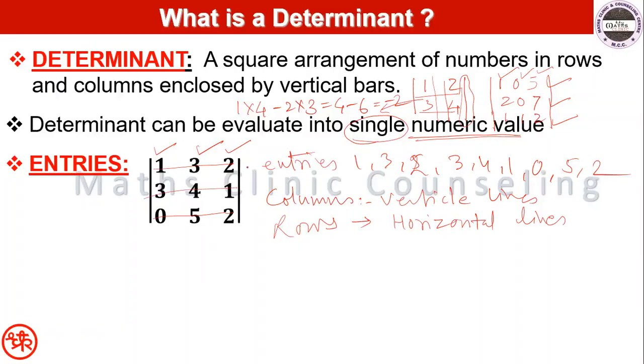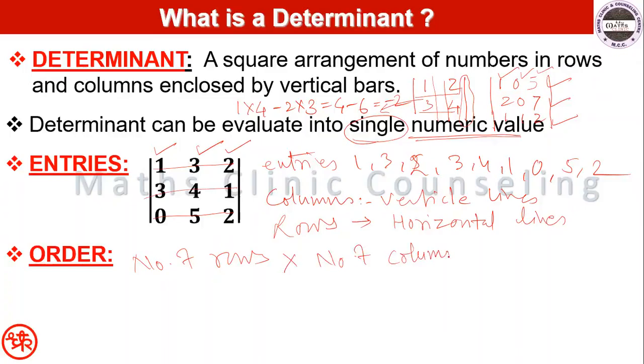Then what is order? Order is the number of rows into number of columns.